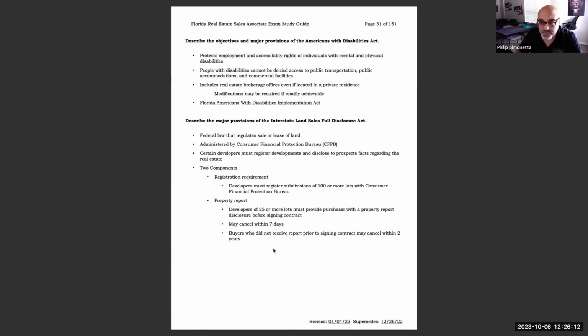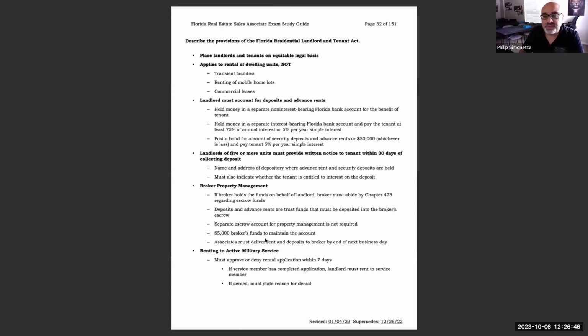Developers must register a subdivision of 100 or more lots with the Consumer Financial Protection Bureau. If developers have 24 or more lots, they must provide purchasers with the property report disclosure before signing the contract, and buyers may cancel within 7 days after review. Buyers who do not receive the report prior to signing the contract may cancel within 2 years and get their money back. They have a right to.